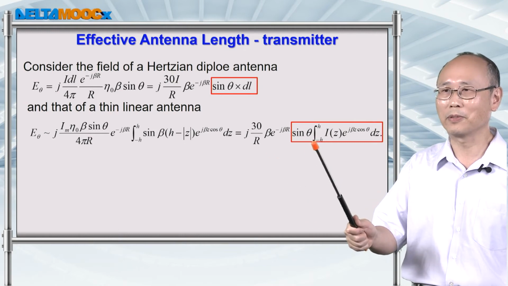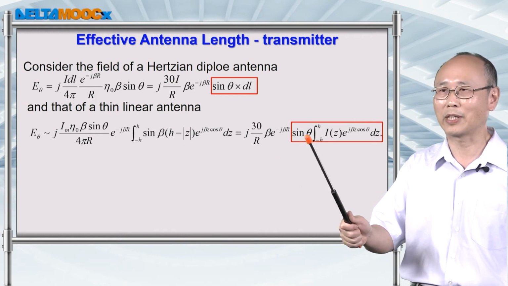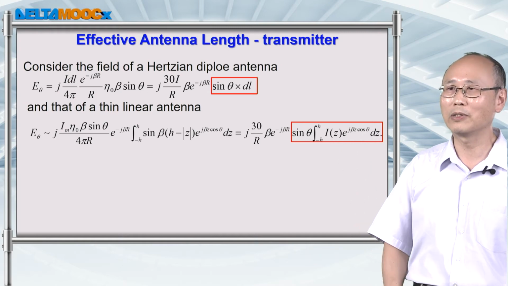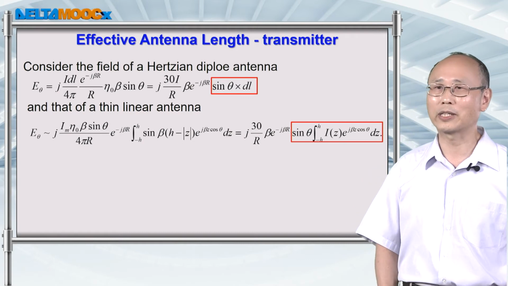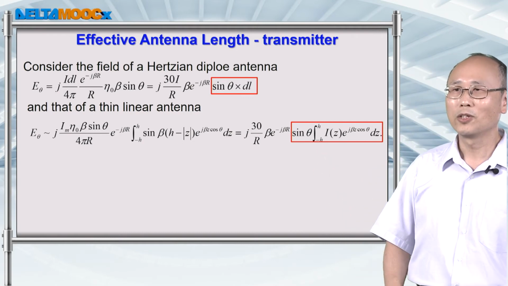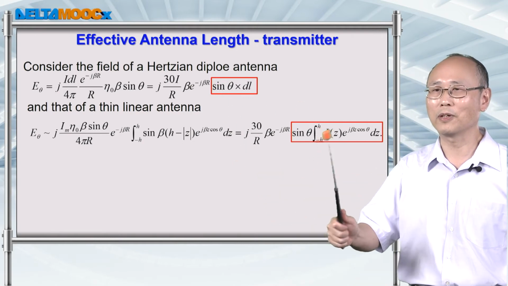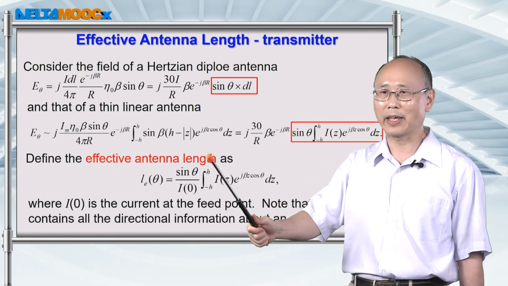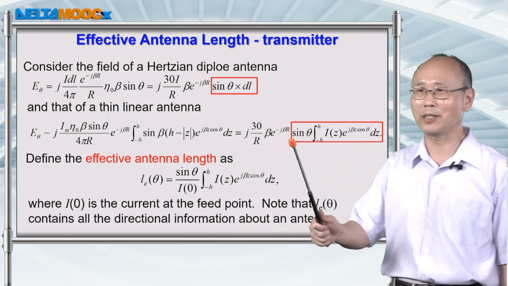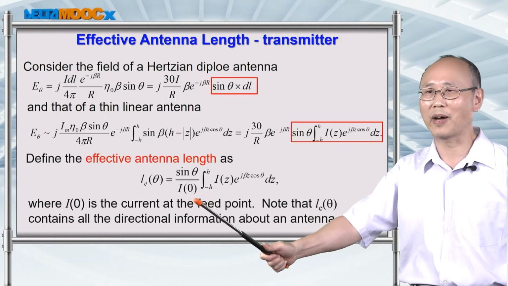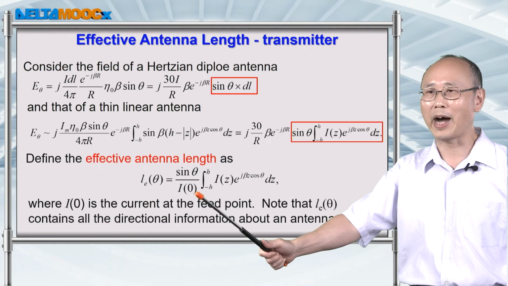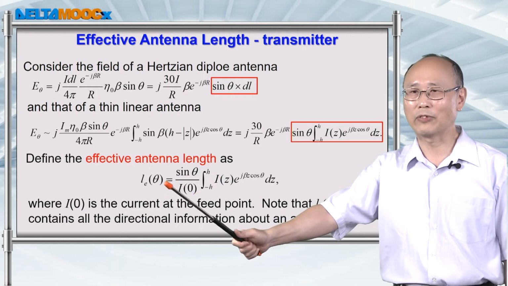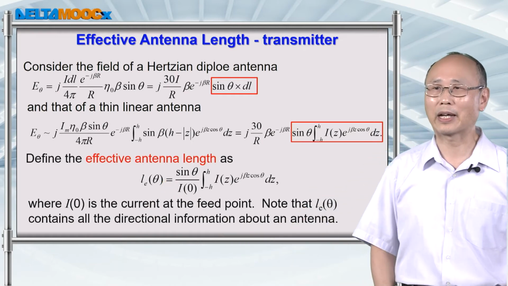The comparable term will be this term, where you have the direction and also the integration of the currents along the antenna rod direction, the z direction. So if you compare these two terms, then you can define a so-called effective antenna length given by this expression. Basically, you divide this by the maximum value of the current, called I0. And this is going to give you an effective antenna length.